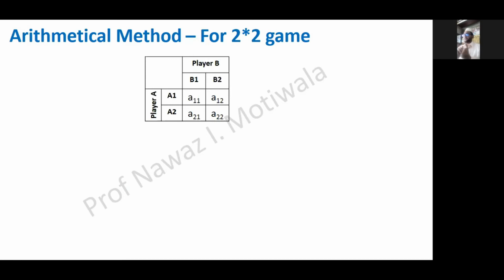If we find the saddle point, then we go for the pure strategy. If the saddle point is not there, again I am repeating, we have to first find out whether the problem contains a saddle point or not. If not, then only we have to go for this procedure of the arithmetical method, otherwise not.